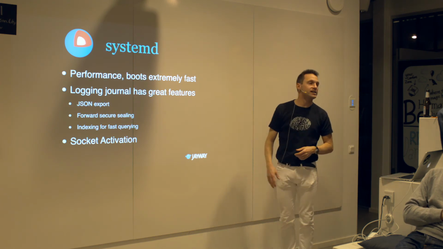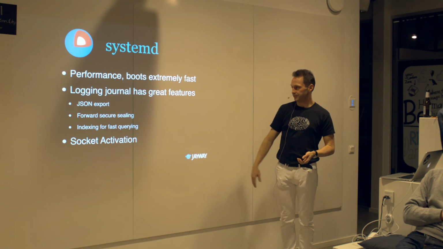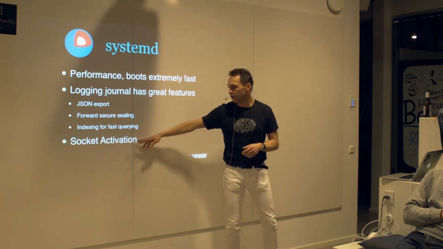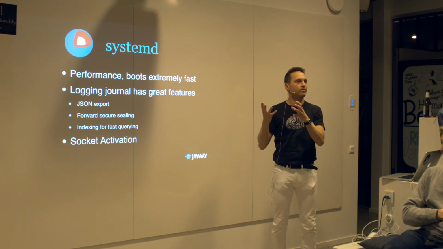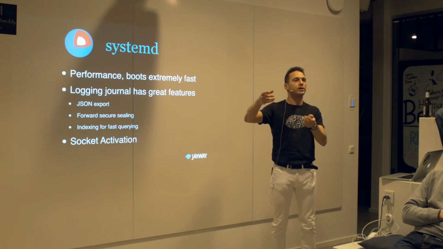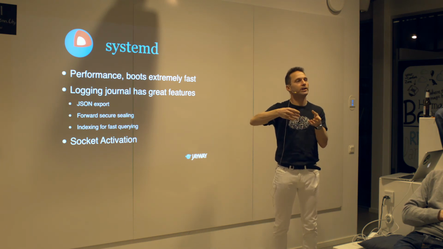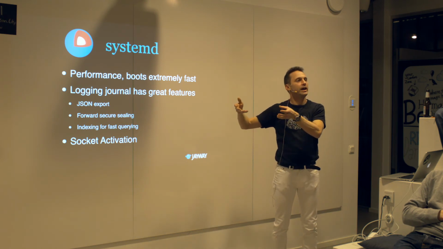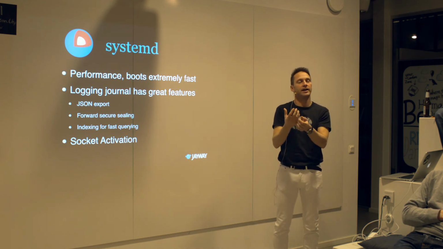It uses systemd as its init system because it's a modern init system with a nice journaling system for logging. And it has something called socket activation, which means that you don't have to start up an application for it to be able to listen to a port. So you can listen to a port, say port 567 or something, and the service that needs that port doesn't need to be listening, because systemd will be listening to that port, and once it gets a request, it will start up the process and hand over the running socket.